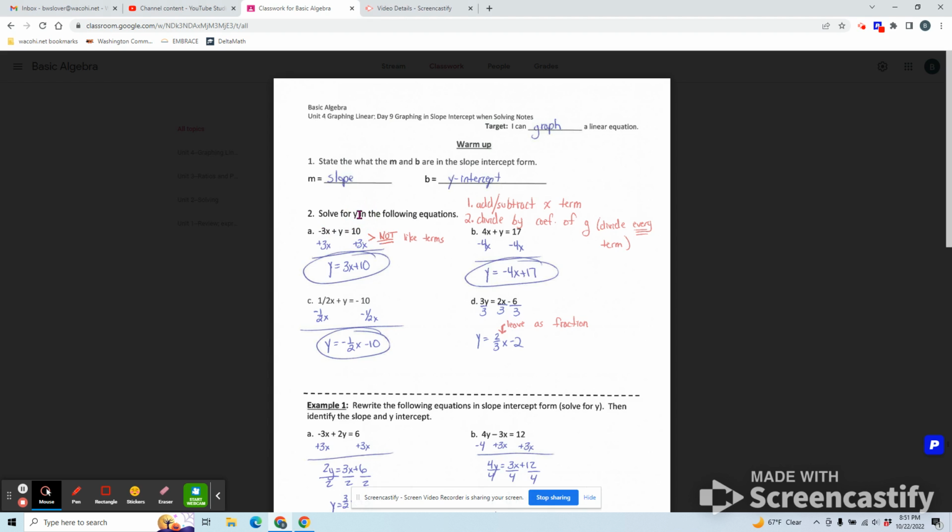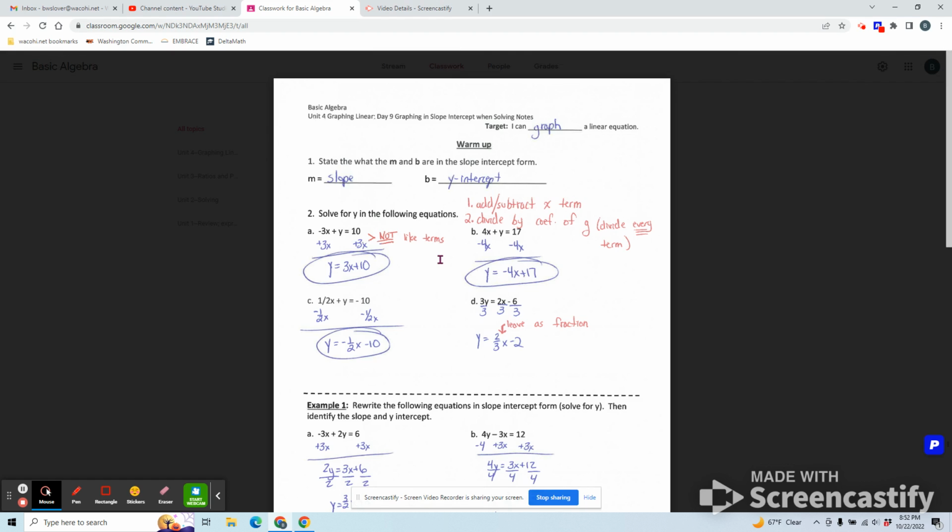The reason we're doing that is because we're trying to get it in slope-intercept form, and slope-intercept form is always y equals mx plus b. Now you have that rare occasion when it's a vertical line, which we'll get into, but otherwise we're solving for y. So for all of these, we want to add or subtract the x term first.